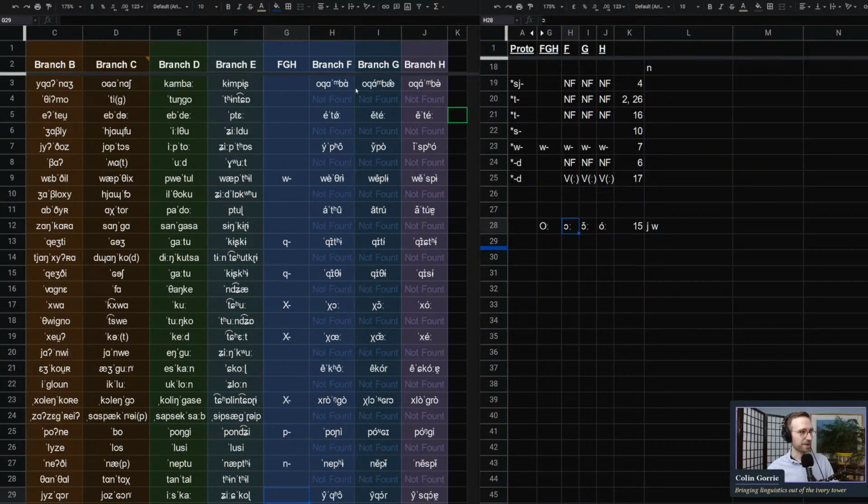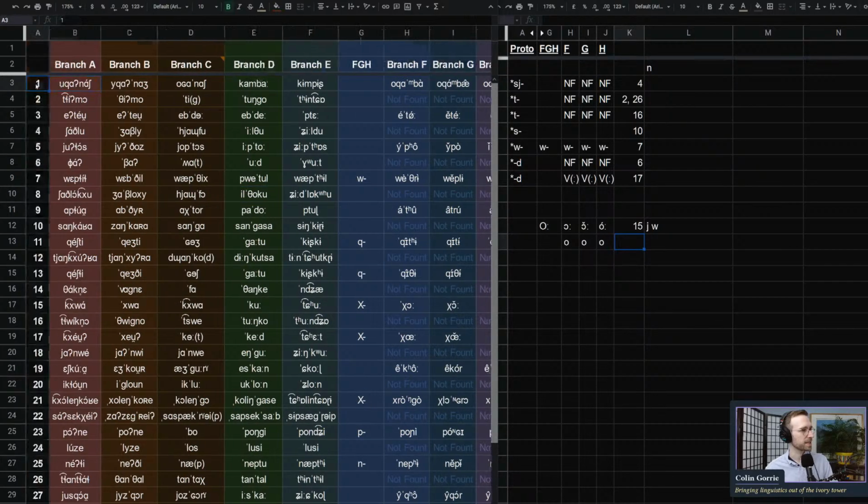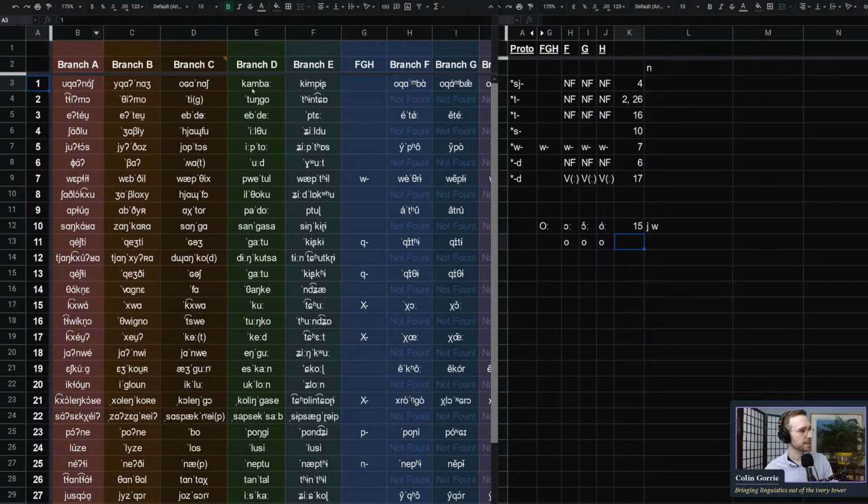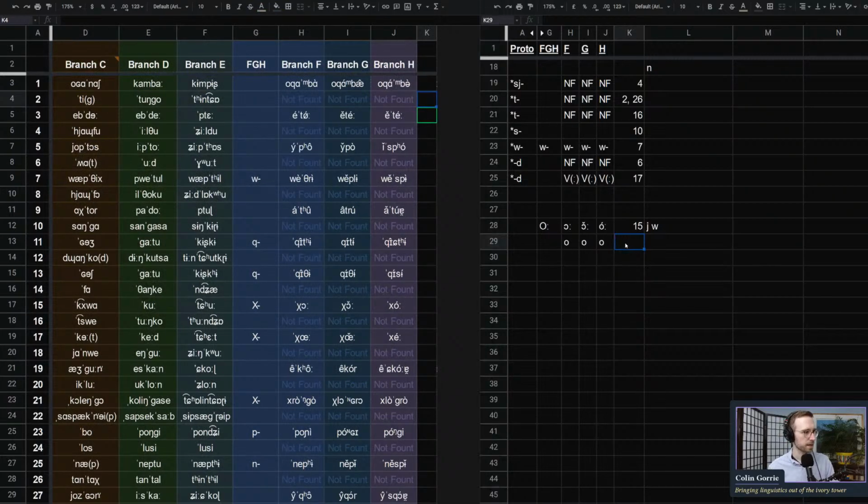Okay, so let's do some vowels. So here we have this O in one, or sorry, that's not one, is it? Oh, it is. Let's get that over here. O is in the word one. That looks like a good reconstruction.